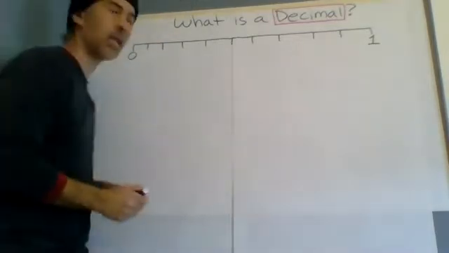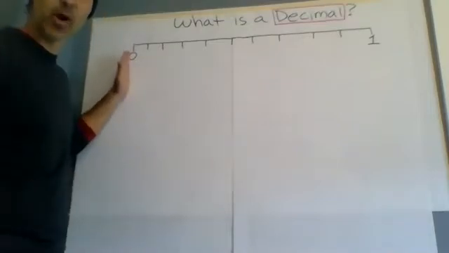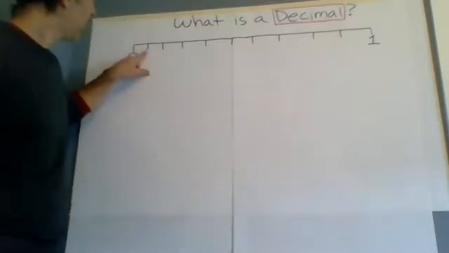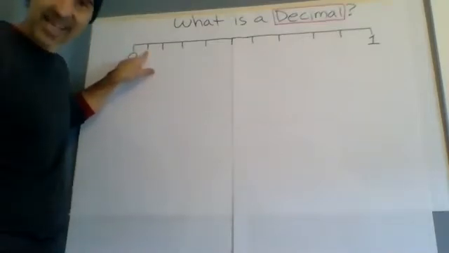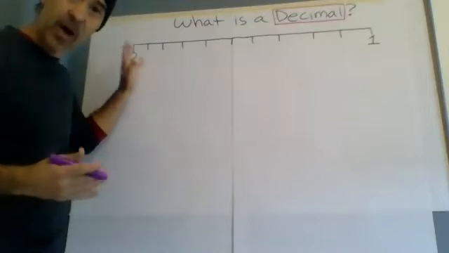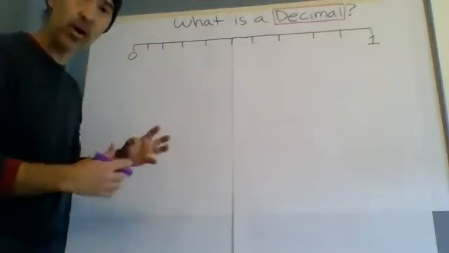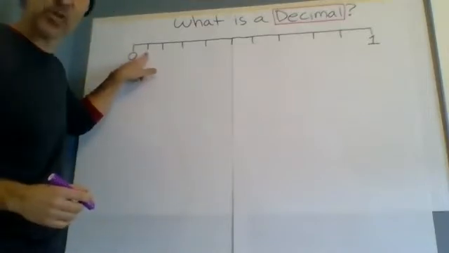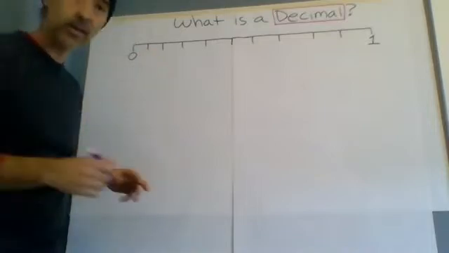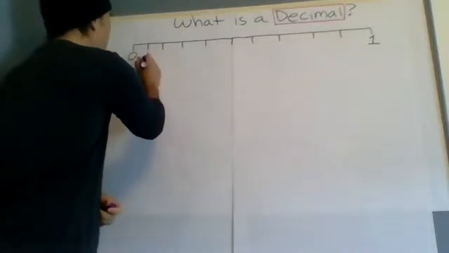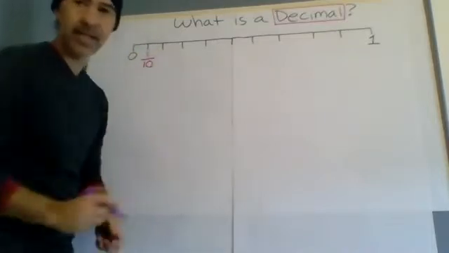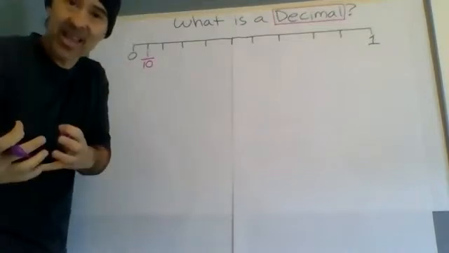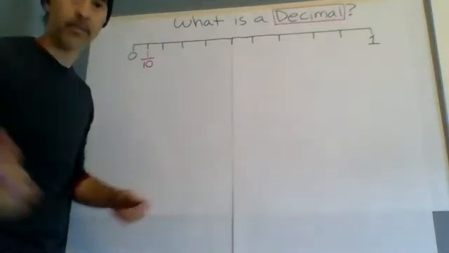So, if this is 0, what is this as a fraction? If my whole has 10 equal parts, how many parts is this one? Well, it's 1 part out of my 10. It's 1/10 of my whole.